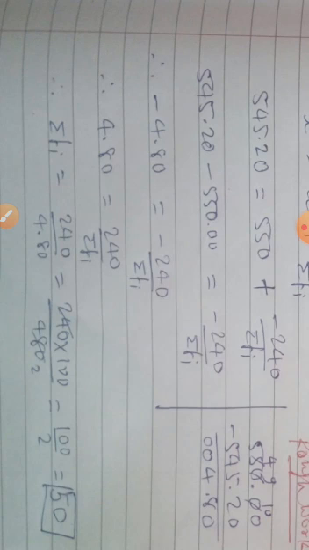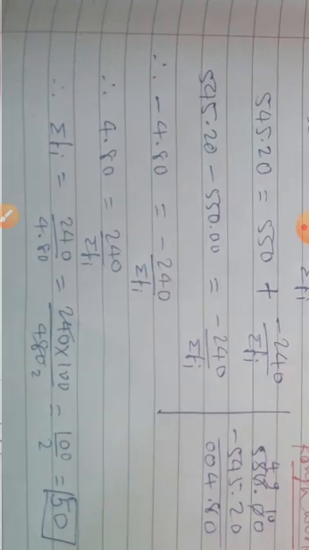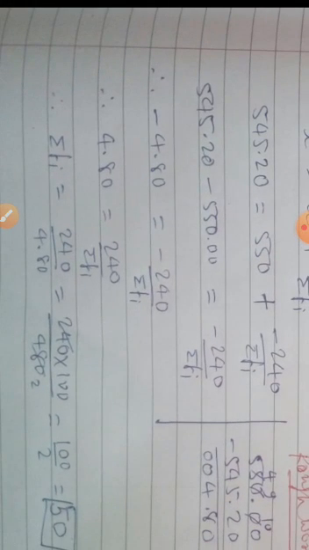Now, one question arises: how to divide when a decimal number is there? The easy method is to remove decimals. You can remove the decimal by placing 100 on the opposite side, here in the numerator.